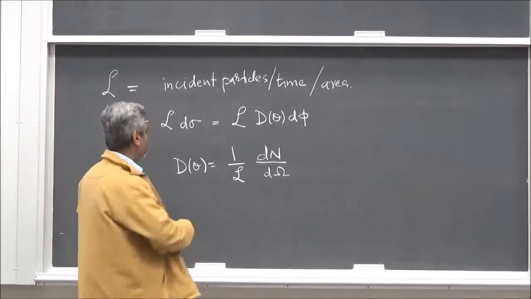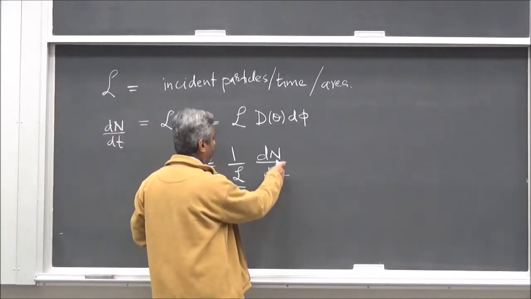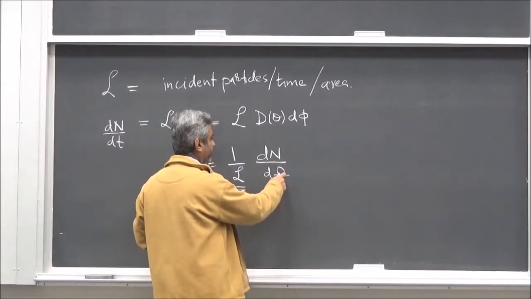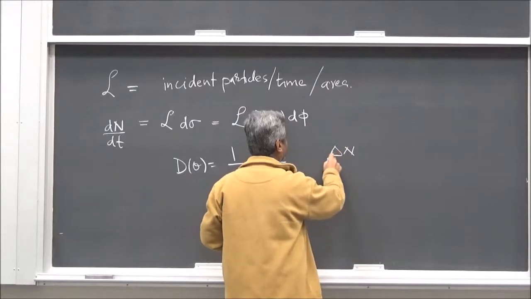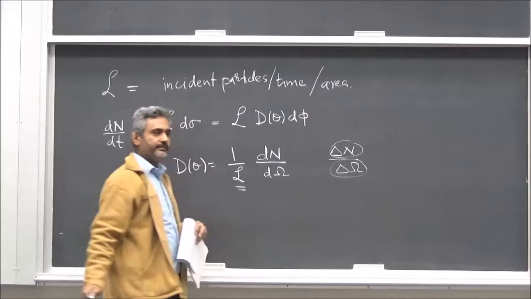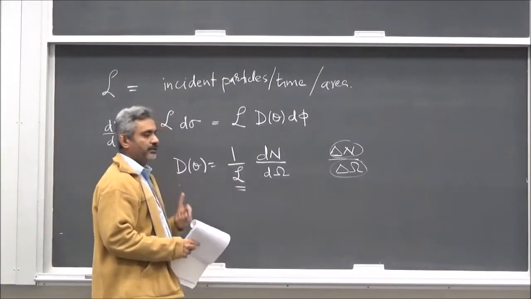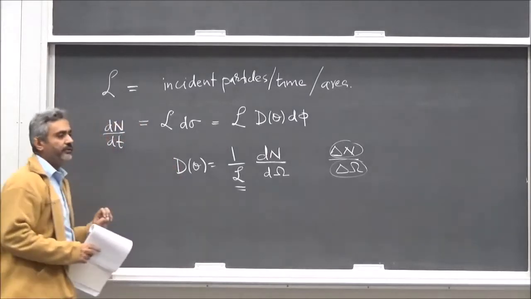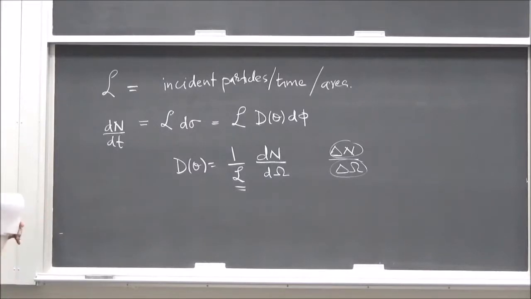You know what the luminosity of the incident beam is, and you know how many particles per second you're getting in d omega. So this is delta n, the number of particles per unit time that you're getting in the area d omega. You know both of these, so you know this. And dividing that by 1 over L, you get d sigma. So this is the point where experiment meets theory. Okay? So you can do this in the lab, and now our job is to predict this d sigma.